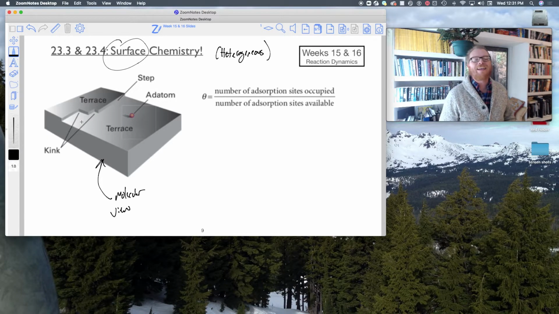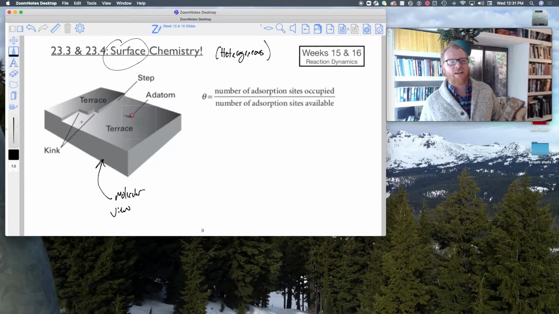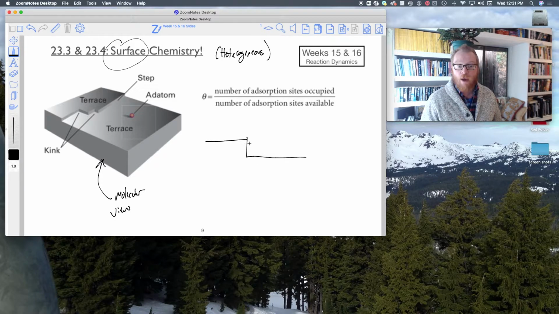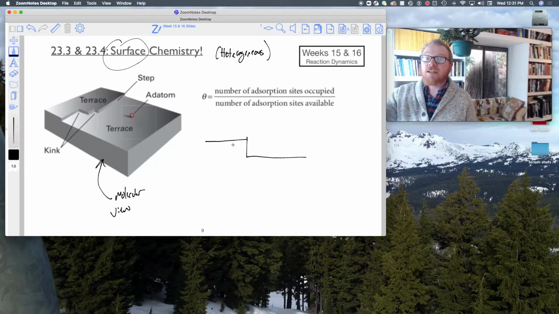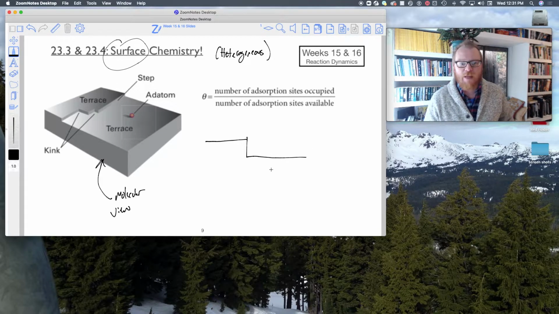There are going to be defects, these surface defects. We call them steps in the case where there's one plane and then another plane. That would be a step. The terrace is what's on top, the flat part where you have atomically smooth. So when you see a flat line right here, that means it's atomically smooth.